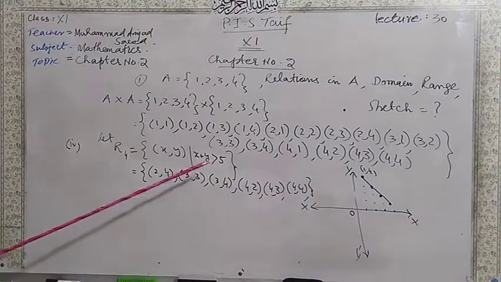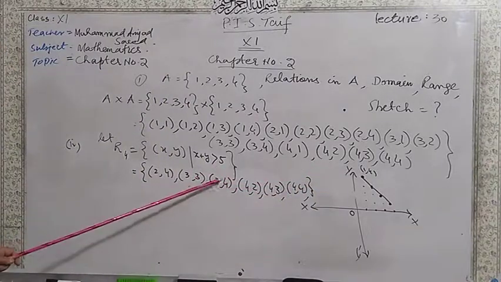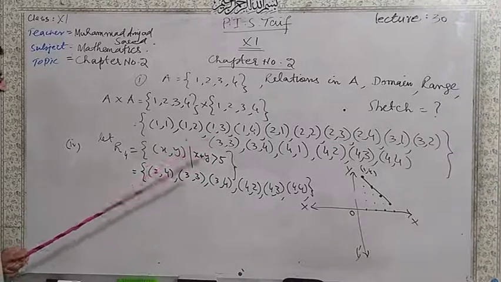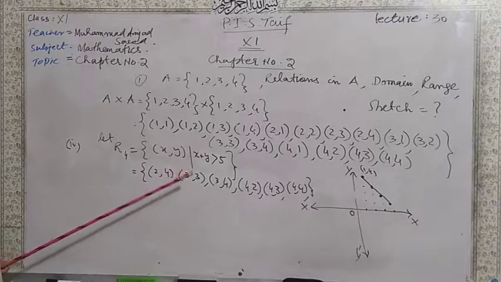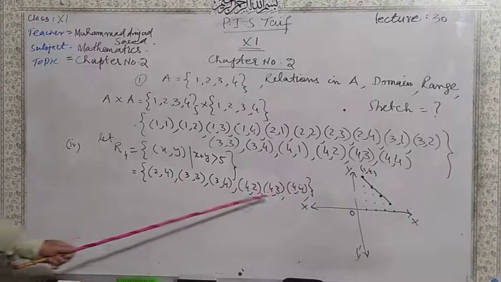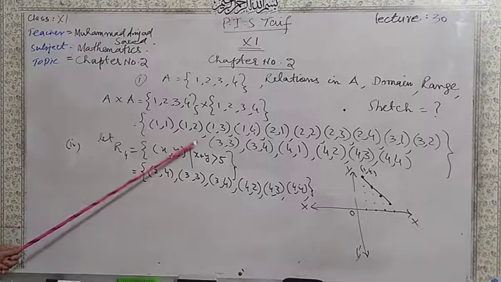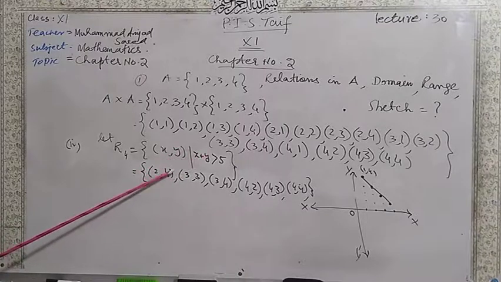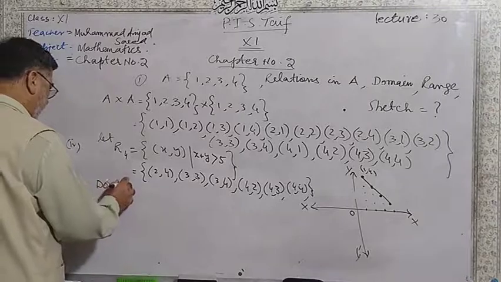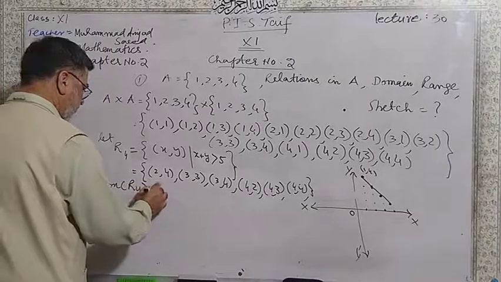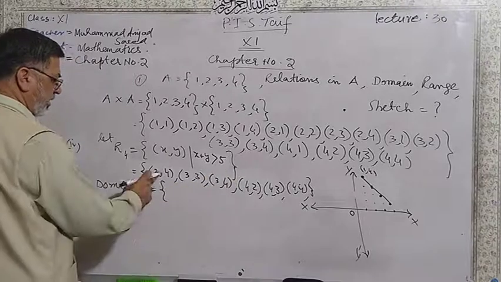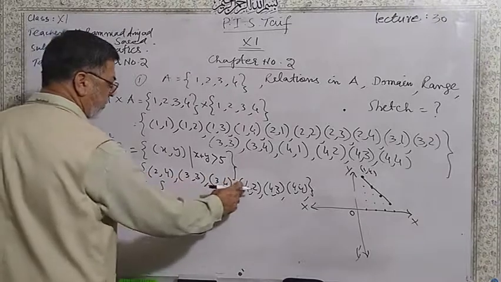So these are the ordered pairs which are in such a way that x and y are added to get greater than 5. You can check, first value is x, second value is y, they are added to get greater than 5. So what is domain of R4? 2, 3 and 4.